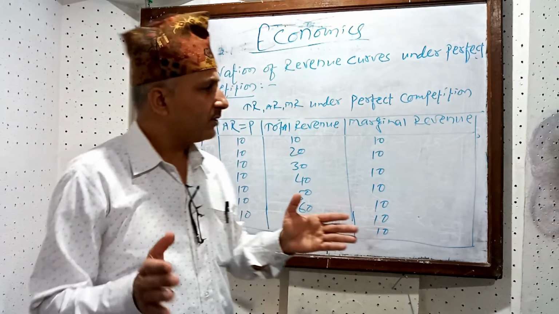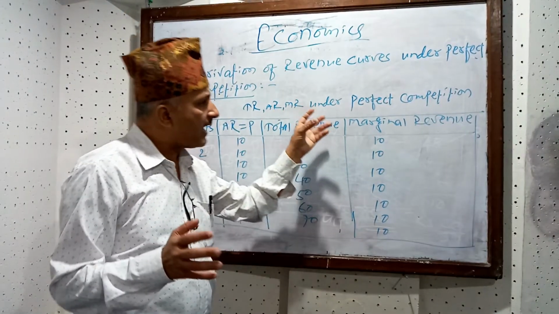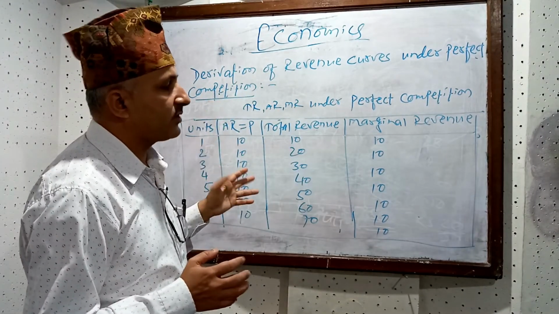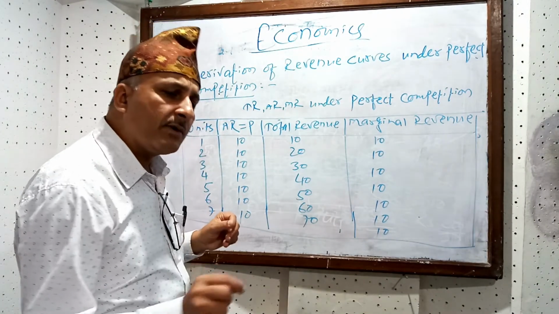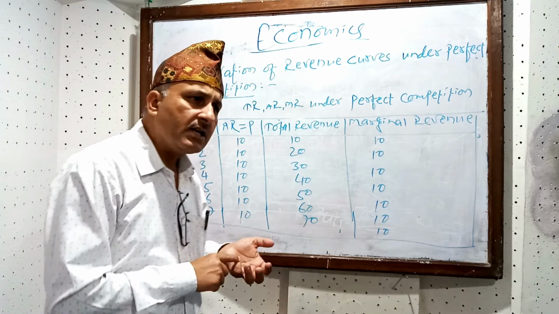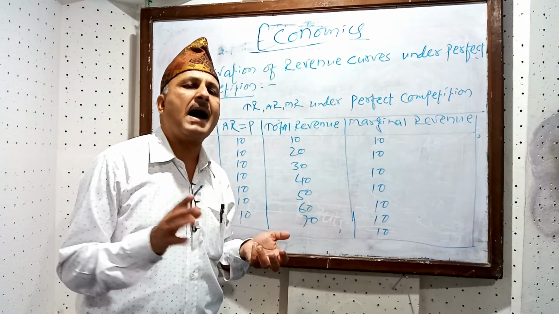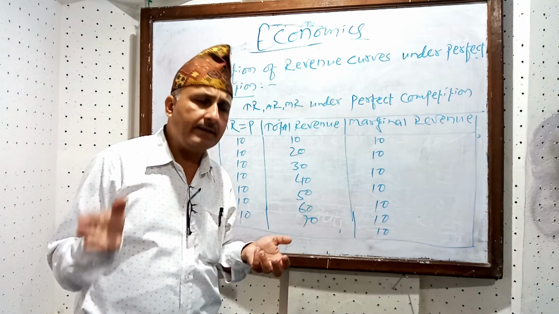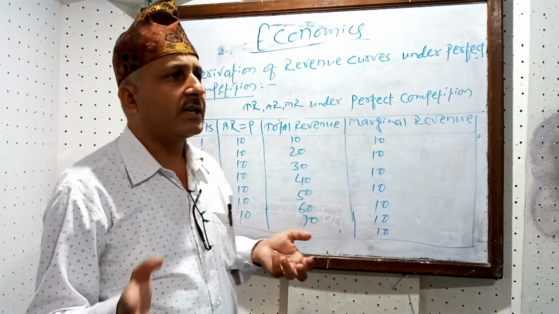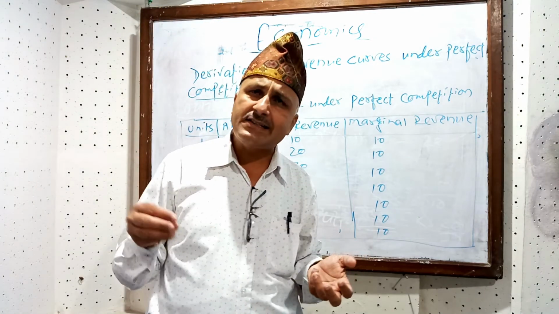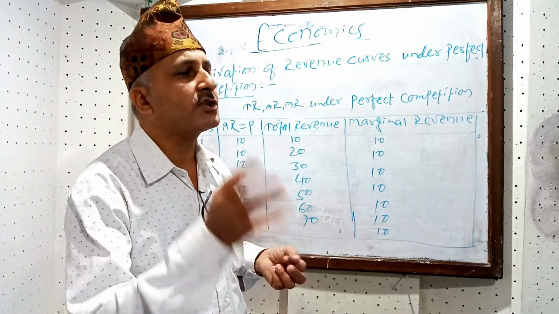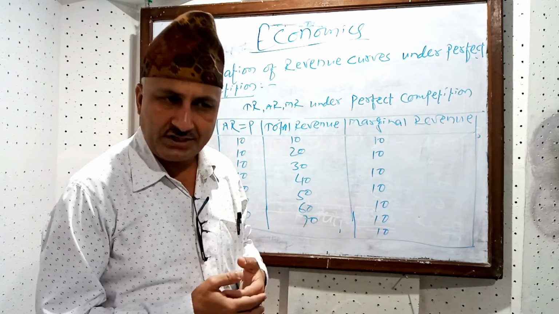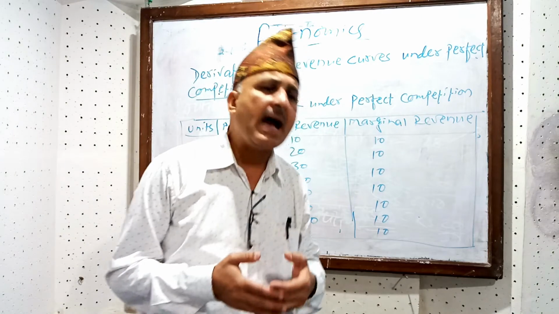So at first you must have the knowledge of perfect competition. Just as I told you, perfect competition is that type of market structure in which there is a large number of buyers and sellers engaged in buying and selling of homogeneous goods and commodities, which are completely identical.